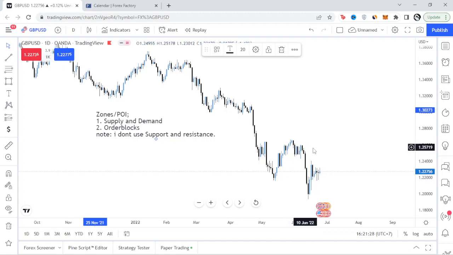I'm expecting to trade off of something like this here, but I can use it to trade to instead of from. Are you getting that? There are two ways to look at your points of interest. You can use them as your targets, or you can use them as you trading from them, you know. So those are the two main things, unless they get invalidated. And that's that about that.